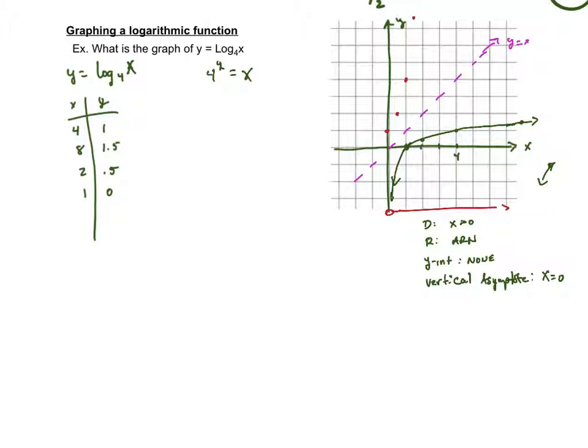And of course this would look something like that. There you go. And its asymptote then is the x, or I'm sorry, the x-axis. So that's graphing a logarithm function.